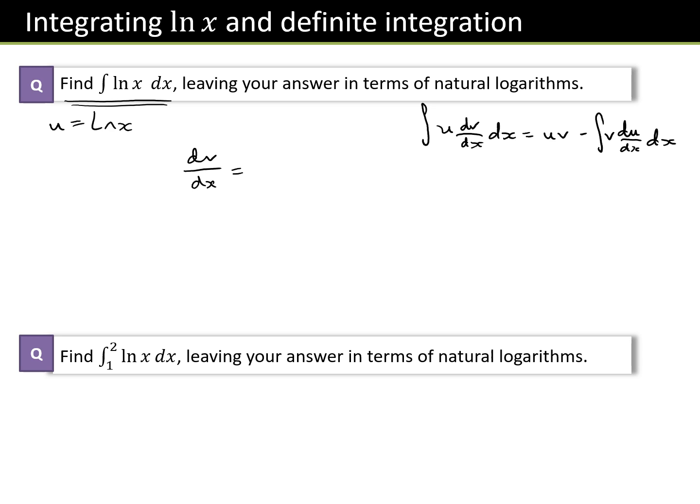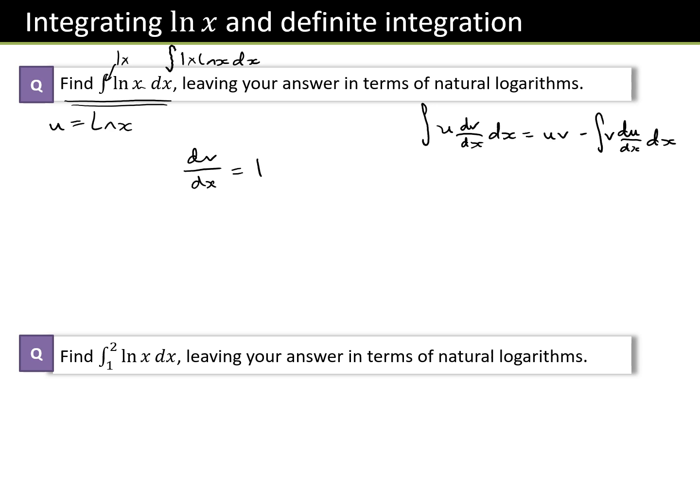However, we don't have a second thing to integrate. Or don't we? This is actually just the same as 1 times natural log of x, isn't it? So this question is just the same as the integral of 1 times natural log of x. So we can just integrate 1.